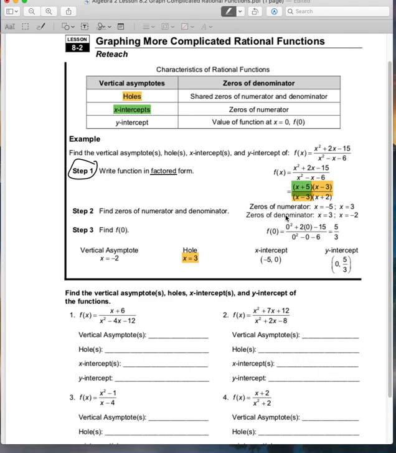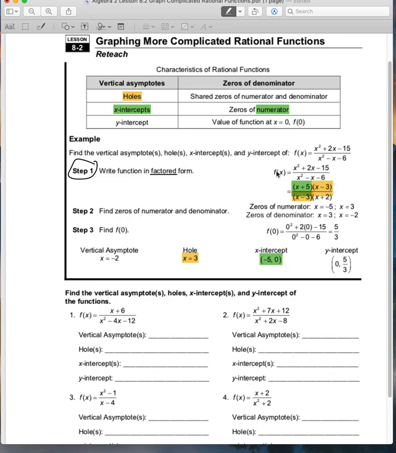If it's a hole, it's nothing else. So you get your x-intercepts from the numerator, and then you set that binomial equal to 0, solve it for x. You write it as an ordered pair, and you've got yourself the x-intercept. The reason is because the y is 0.